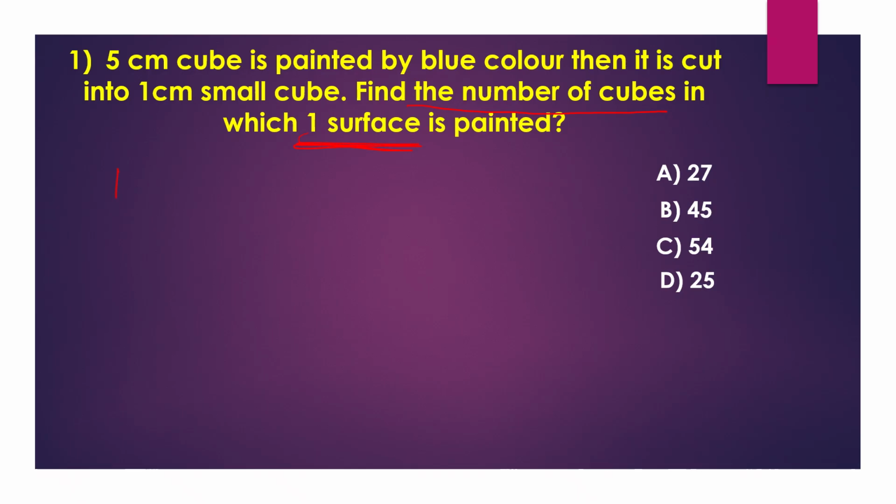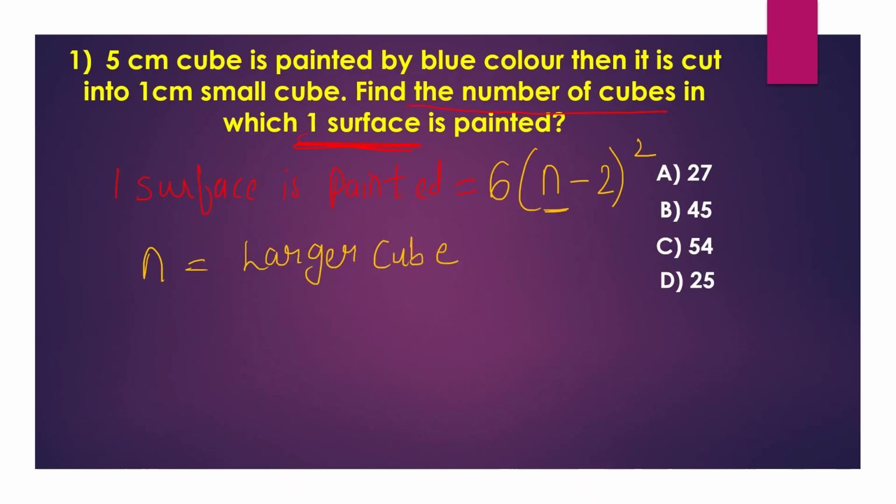So when one surface is painted, what is the formula for that? It is 6 into n minus 2 the whole square. Now, how to find out this n? n is the larger cube divided by the smaller cube.